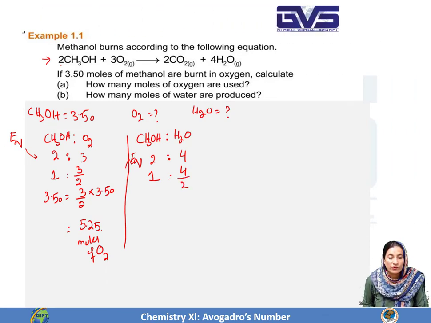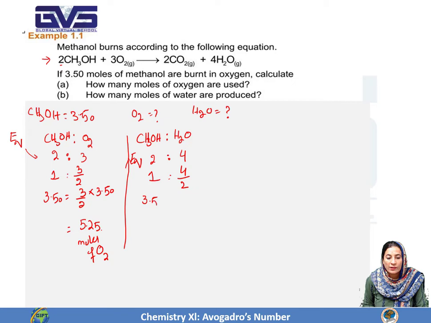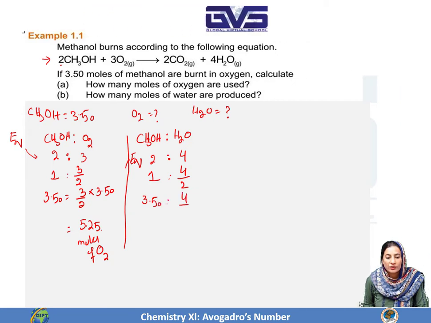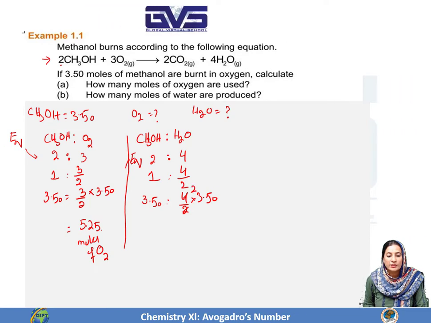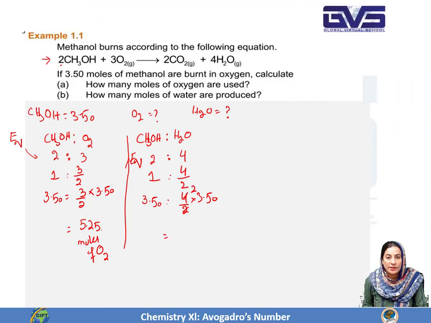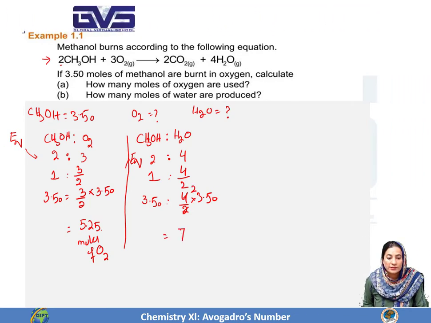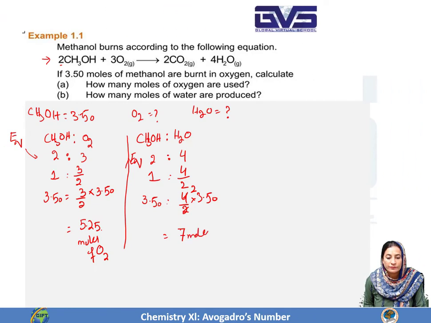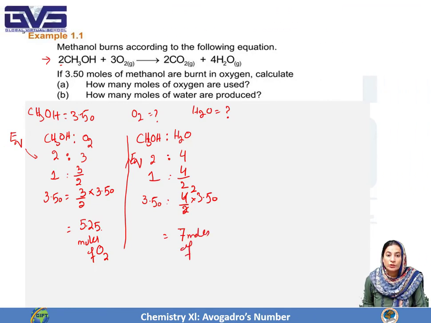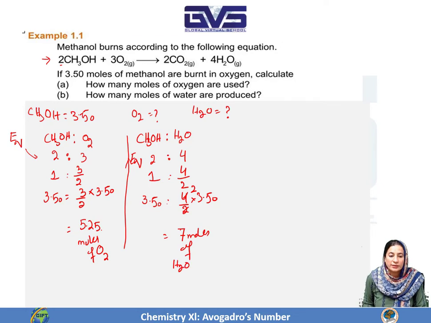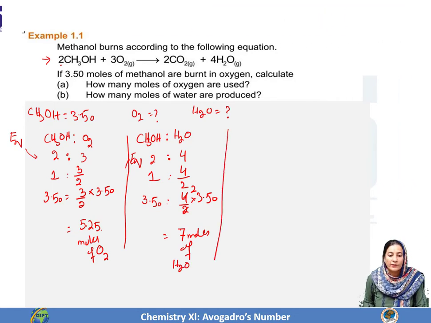When it is 3.50, it will be 4 by 2 into 3.50. The answer will be 3.50 multiplied by 2, which is 7 moles of H2O.